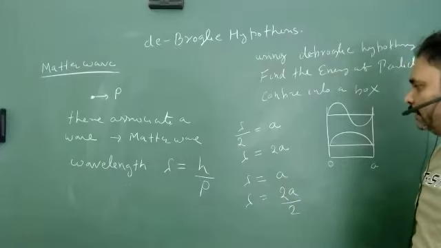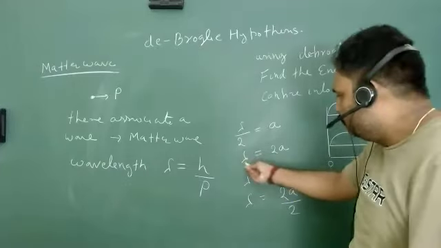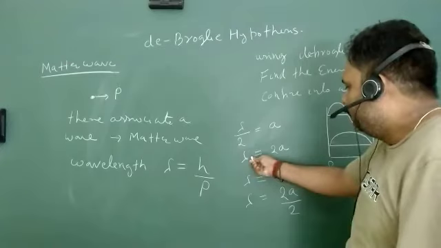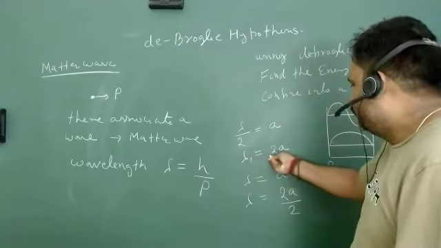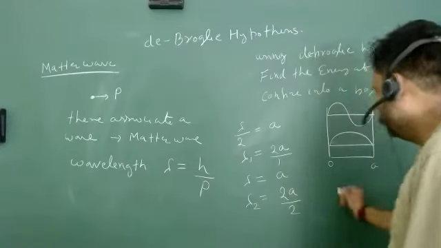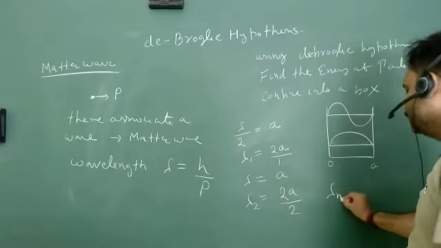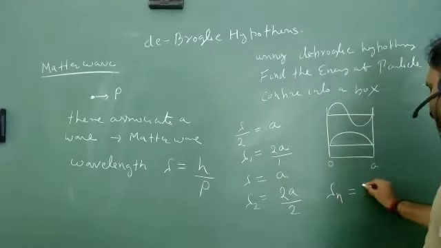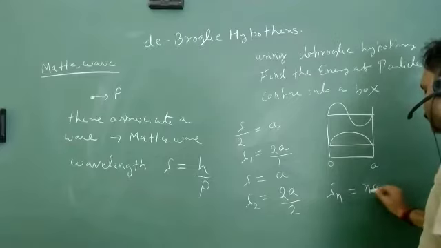What we have found is that the possible values of lambda are lambda 1 equal to 2a upon 1, lambda 2 equal to 2a upon 2. Similarly, we can generalize: lambda n is equal to 2a upon n.